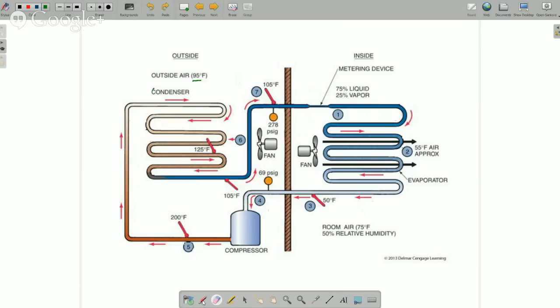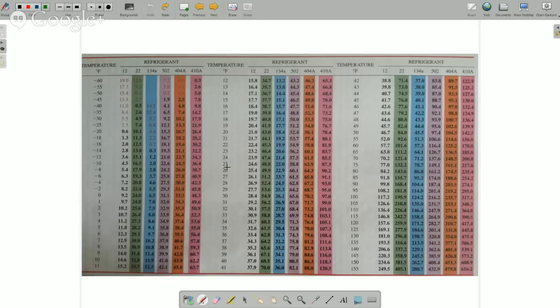We have our gauges on the system, and right here, you're sitting out at the condenser with your gauges. You're looking at 278 psig on your gauge. So you're going to look at your gauge or your pressure temperature chart, and you're going to look over here at R22.